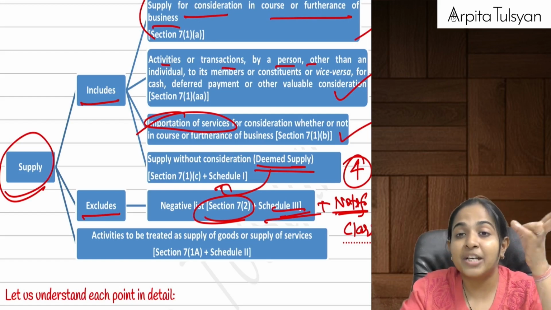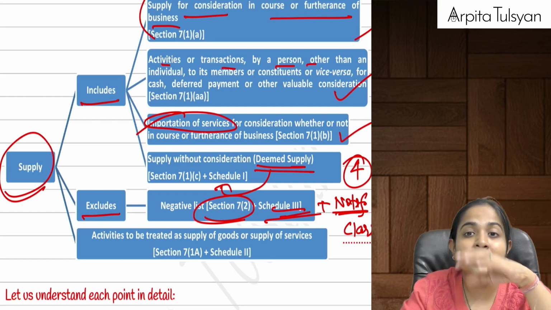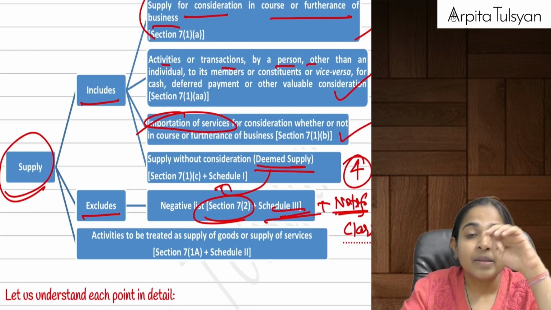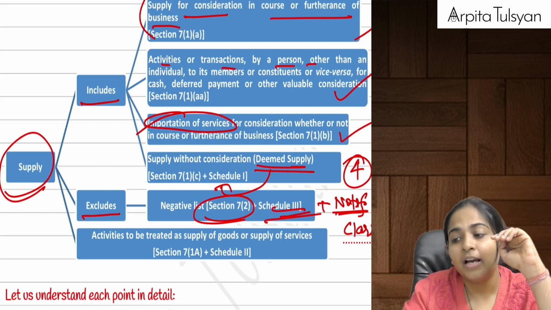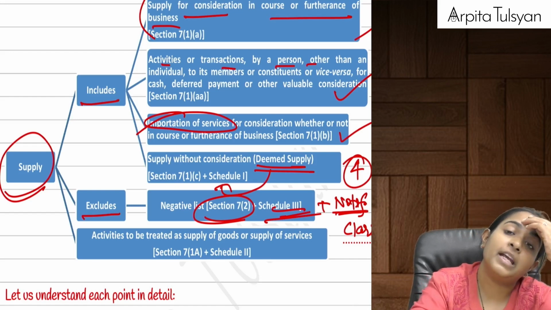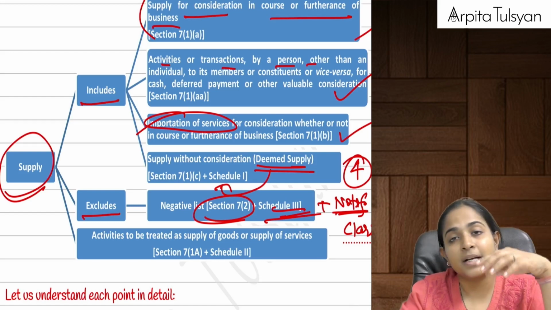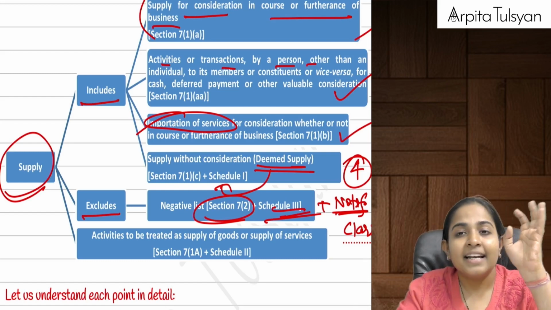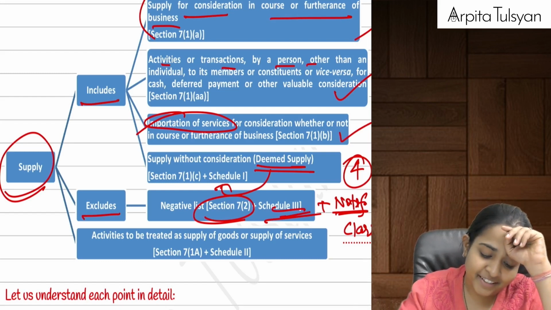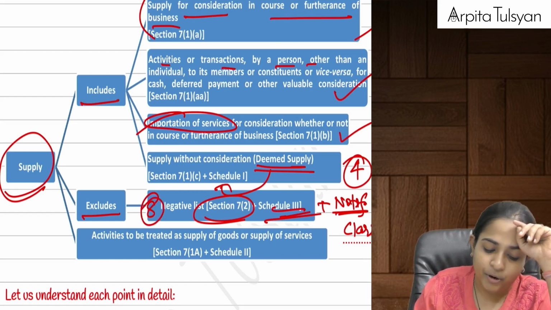Then actionable claims other than lottery, betting, gambling, funeral services, etc. Then out and out supplies, merchant trading. And goods imported but not cleared for home consumption, sold before clearance. Almost all the points of your negative list are revised here. Total 8 pointers were there.